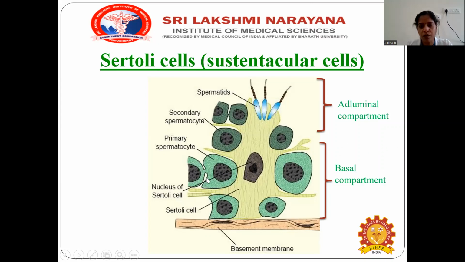Laterally, in this part also, one more Sertoli cell will be there. That also will have a lateral process. These two lateral processes will join. So this lateral process divides the compartment into basal compartment and adluminal compartment.